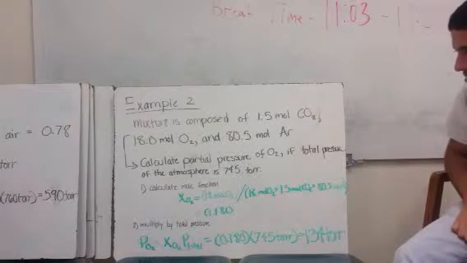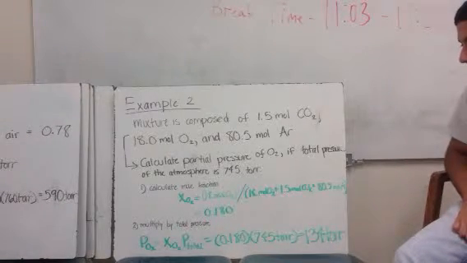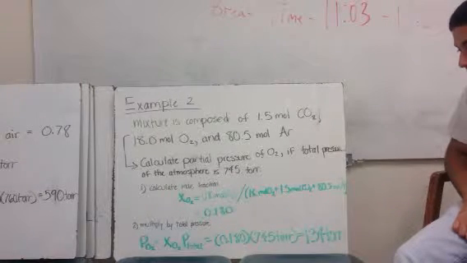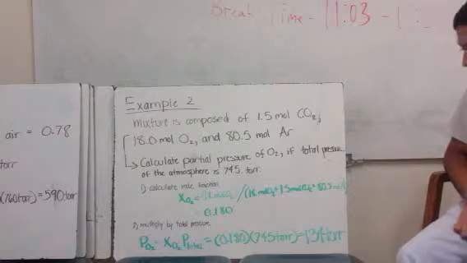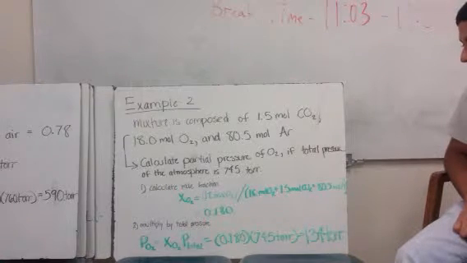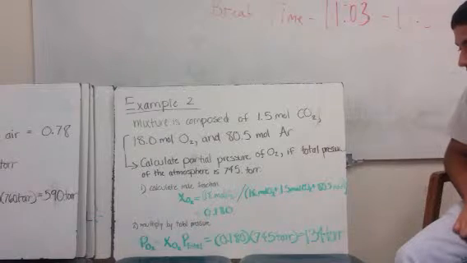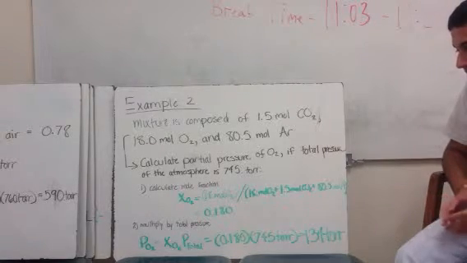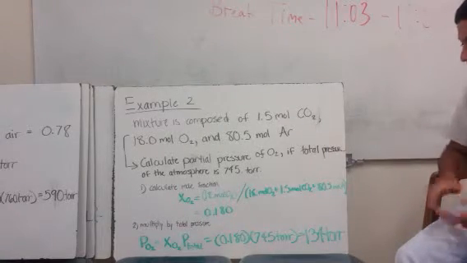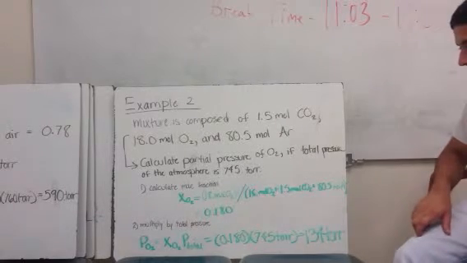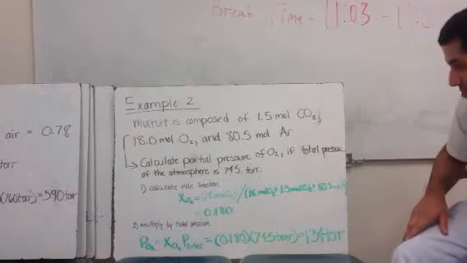In this example, we have a mixture that's composed of 0.5 moles of CO2, 18 moles of O2, and 80.5 moles of argon. So to calculate the partial pressure of O2, if the total pressure of the entire mixture in the atmosphere is 745, we would first have to calculate the mole fraction of O2.